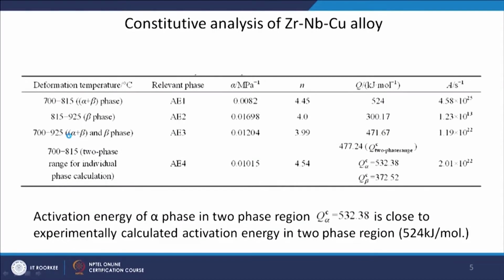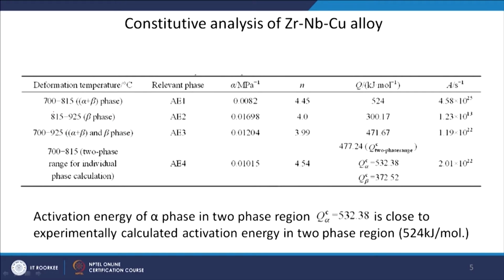That is how we validated whether what we are doing is correct or not. The first work we did was on zirconium niobium copper alloy, with 0.5% copper and zirconium 2.5 niobium. These are also called ZNC alloys, and these are all published literature. And the deformation temperatures we used were for different phases.